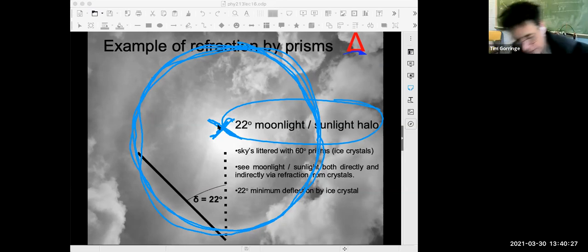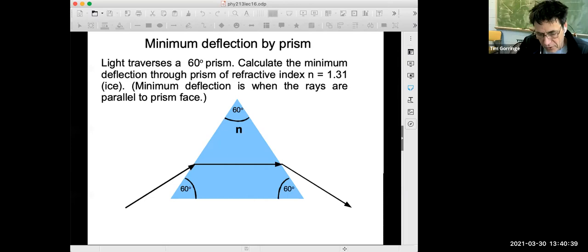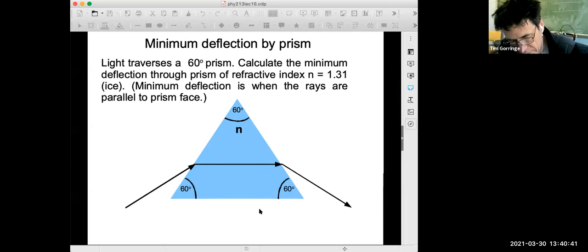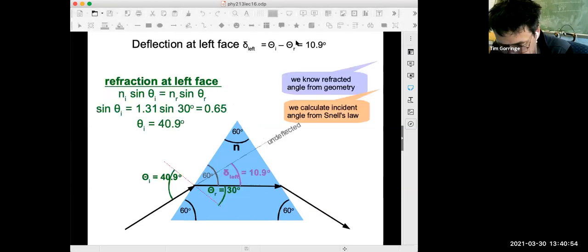And so we're going to explain that 22 degree halo that you can see around the sun, that you can see around the moon. So this sketch here is how you get the 22 degrees. And that's what I'm going to show you with the law of refraction. So let's see if we can understand how this works.